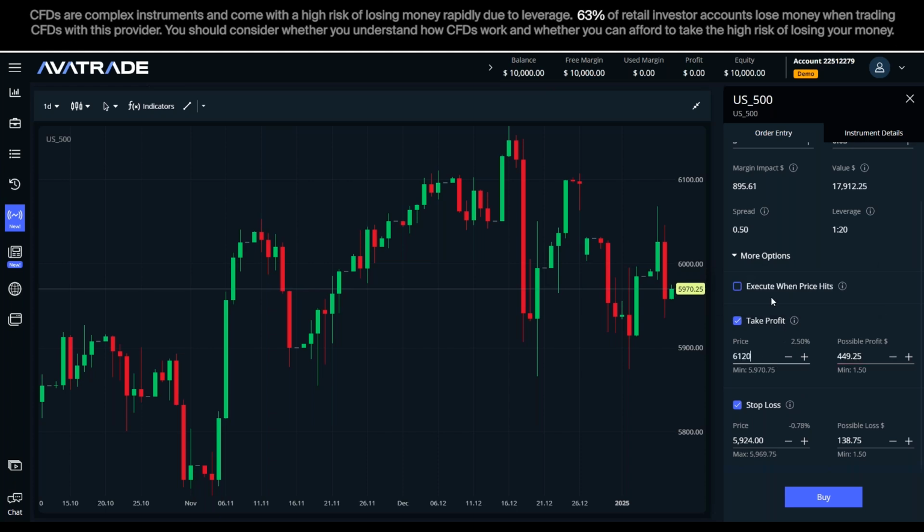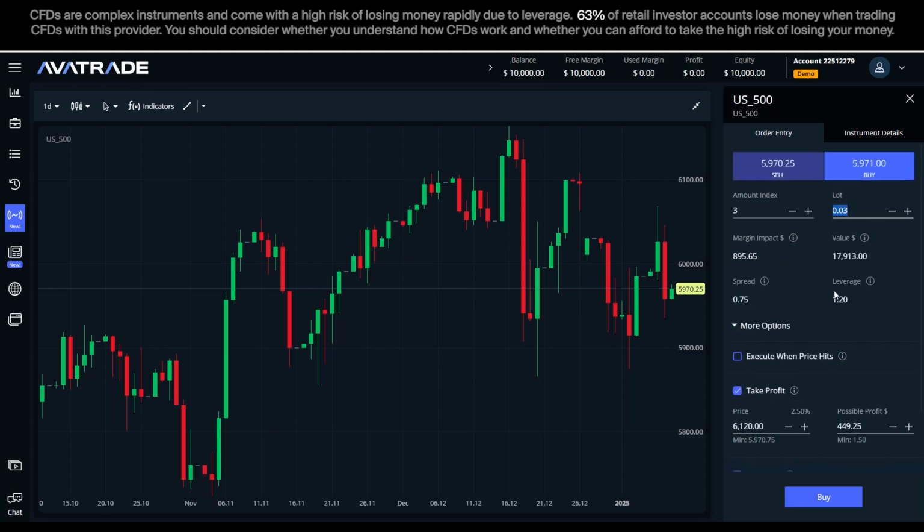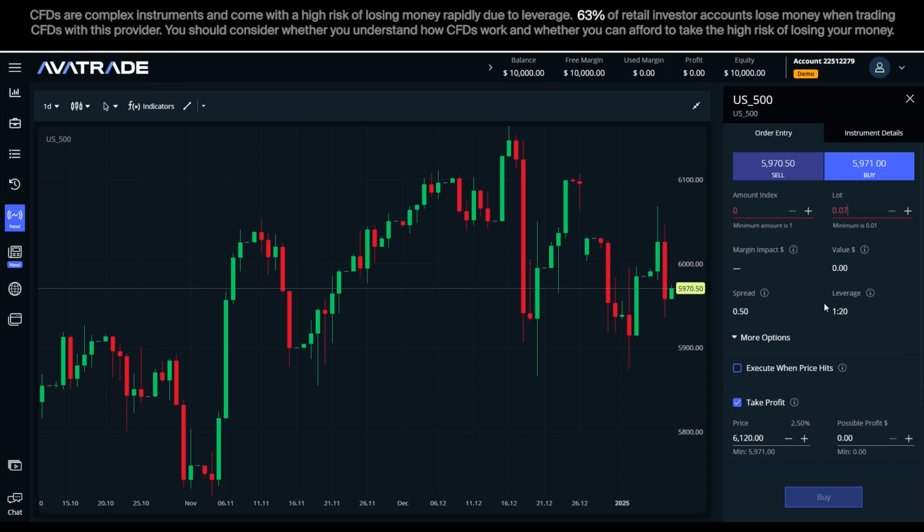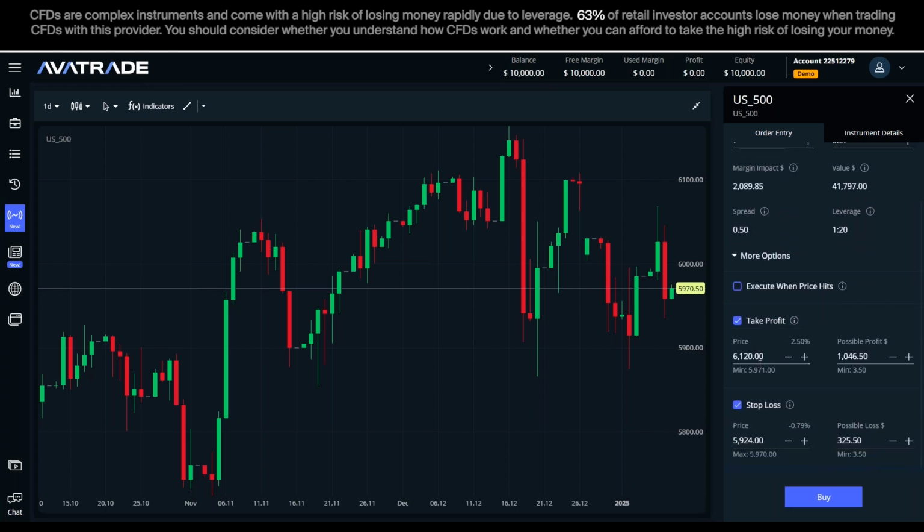Of course, I can also modify this if I want to, and I can also modify the lot size to something more to suit my needs.